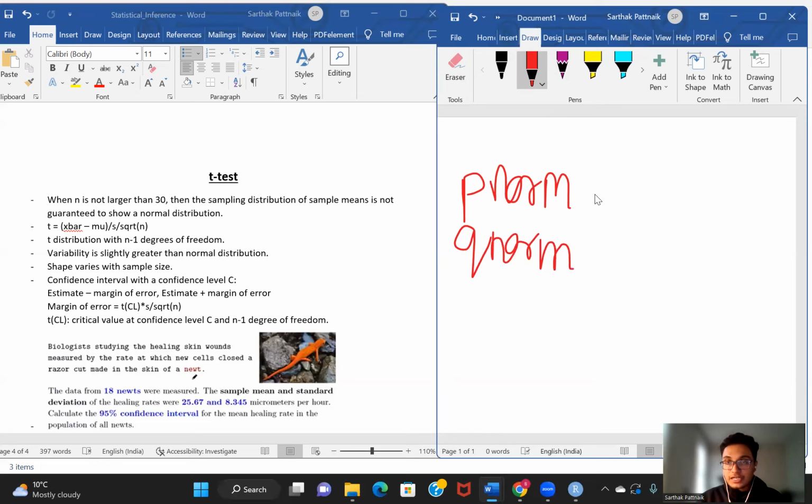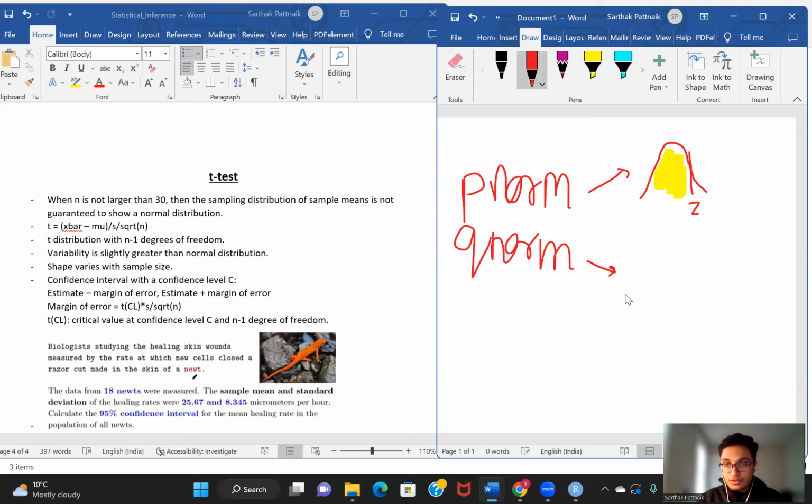Now, what was the functionality of p-norm? The functionality of p-norm was if I have a standard normal distribution curve, if I have a z value, then p-norm of z is going to give me the area towards the left of z. Area or probability, however you want to say it, the meaning refers to the same.